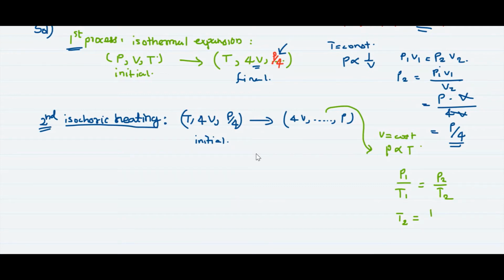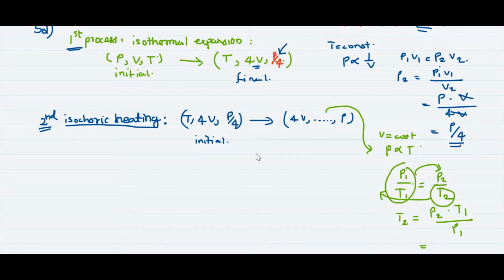We take T2 to the left side and these things to the right hand side, then we get T2 is equal to P2 into T1 divided by P1.